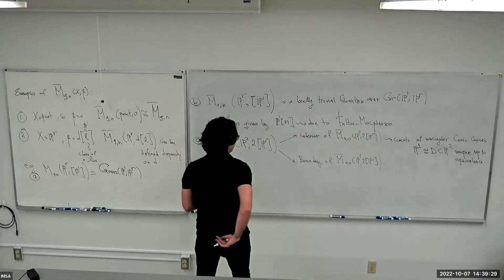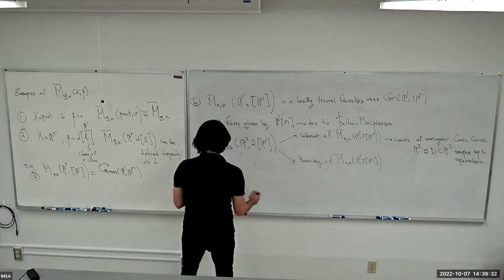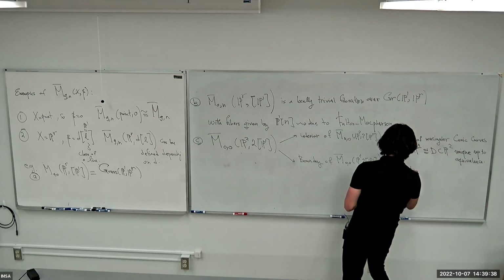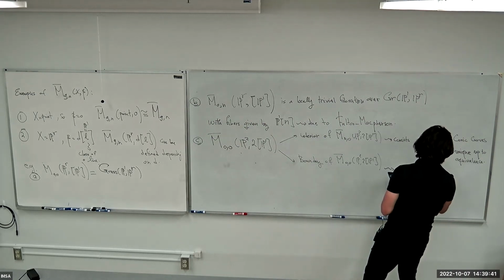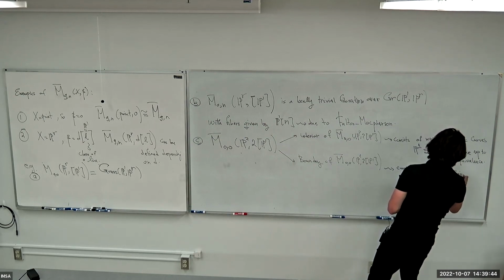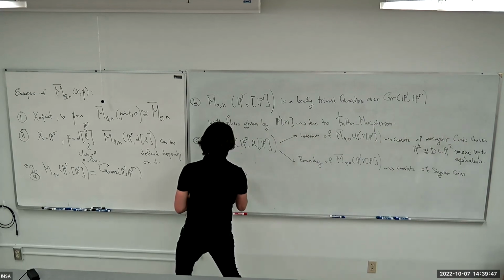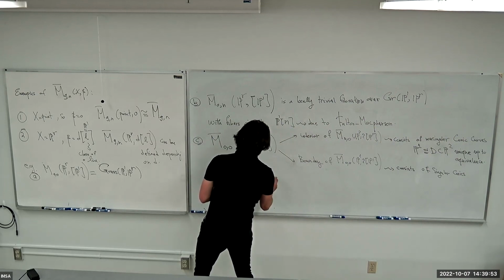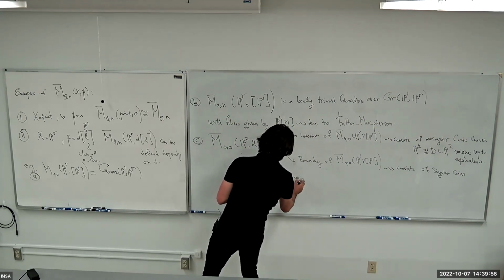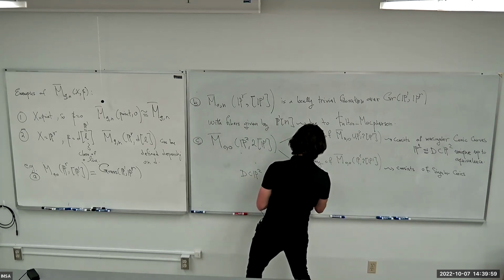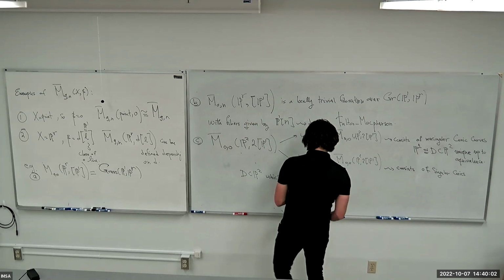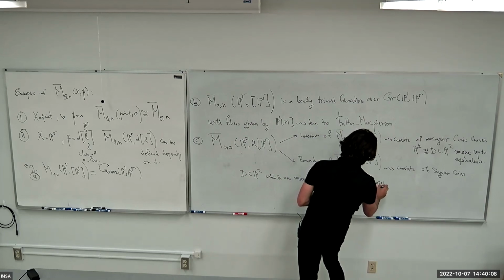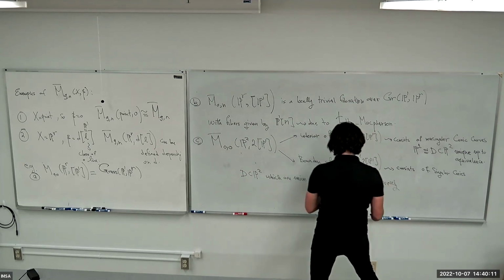And the boundary of it, so the boundary consists of singular conics, as divisors inside P2, which are a union of two lines meeting transversely at a point.